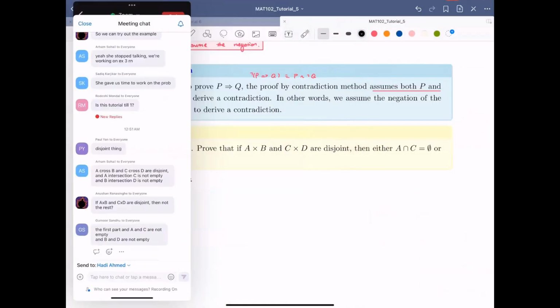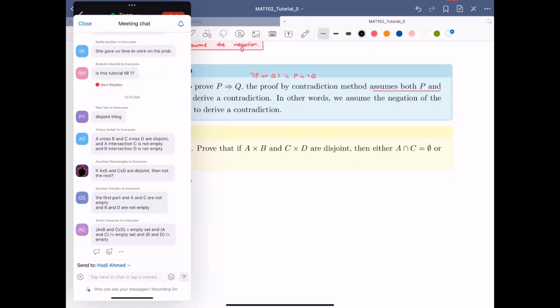Sorry, and then B intersect D is not empty. If A cross B and C cross D are disjoint, then not the rest. No, that's not correct. Look above us. What did I say? So the first part, and A and C are not empty, and B and D are not empty. That is correct.